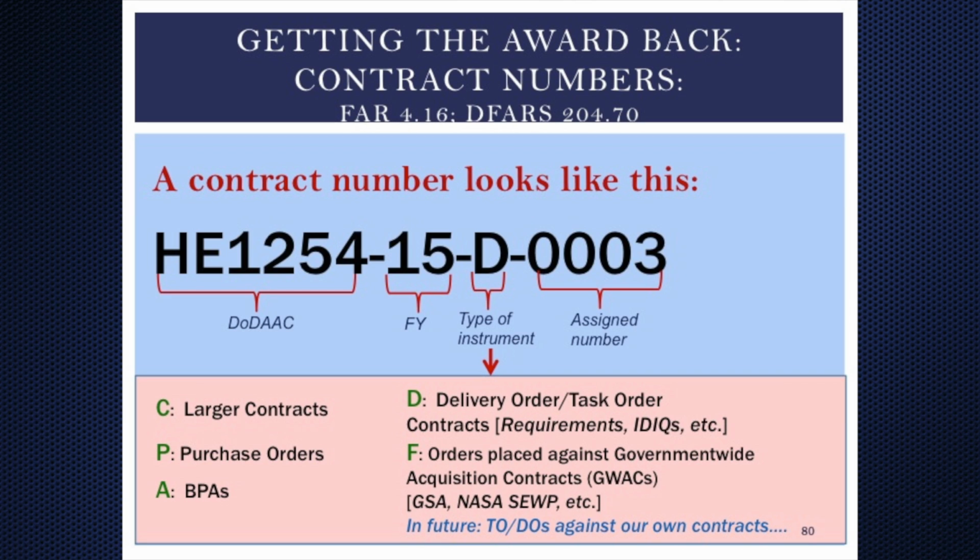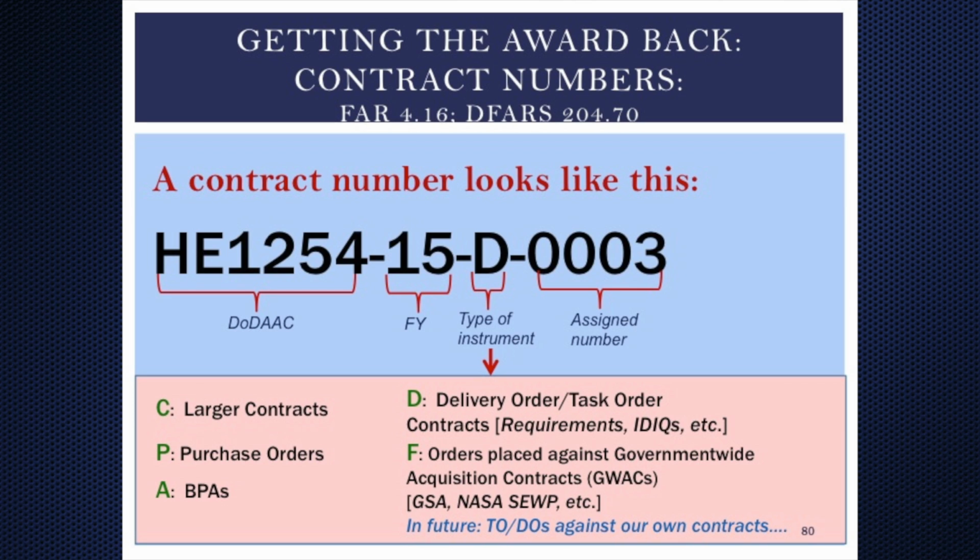We don't do that anymore. We have restructured our organization and are centralized to one DODAC, HE1254, which just means DoDEA. That's our DODAC. The next two digits are the fiscal year. In this situation, it's FY15, so this is a contract that was created in FY15.